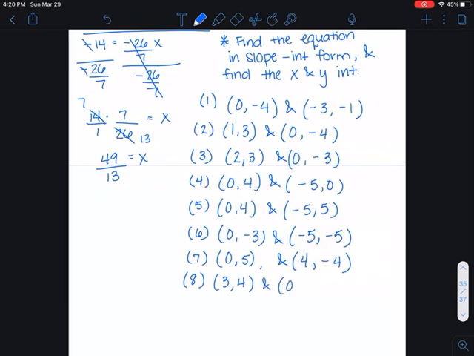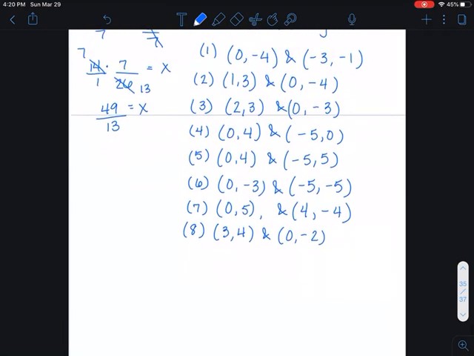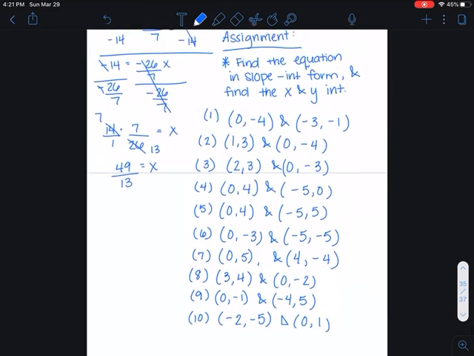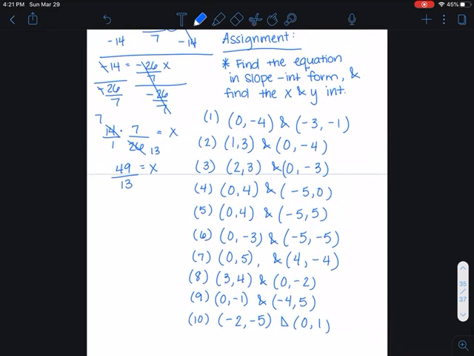There'll be a total of 10 of these. Again, don't forget, find the equation in slope-intercept form, find the x-intercept, and find the y-intercept.